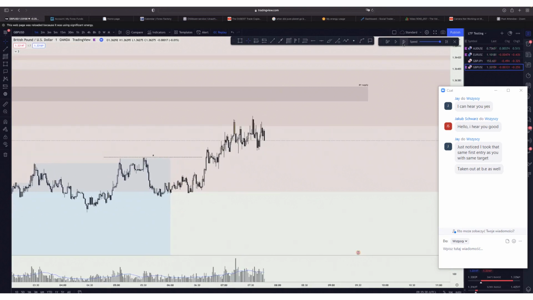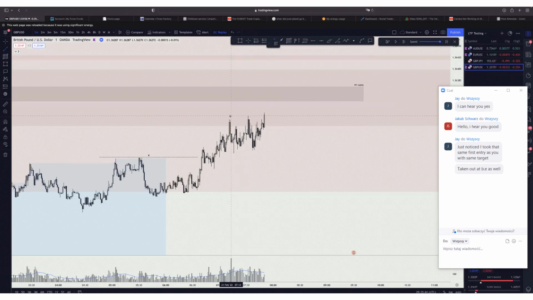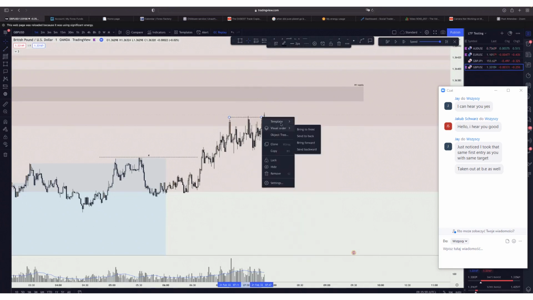What a mess! I don't remember this day. And what day is that? This is the 21st of Feb. So I probably mark this as a potential liquidity grab again.